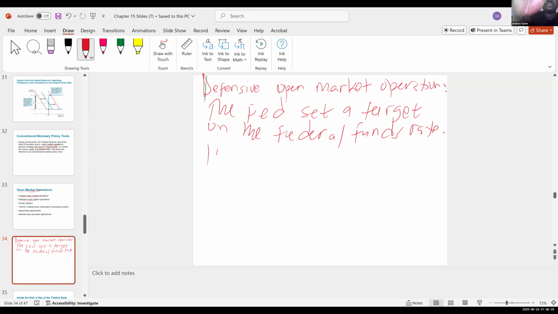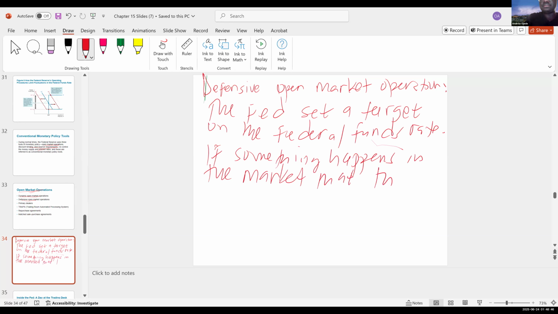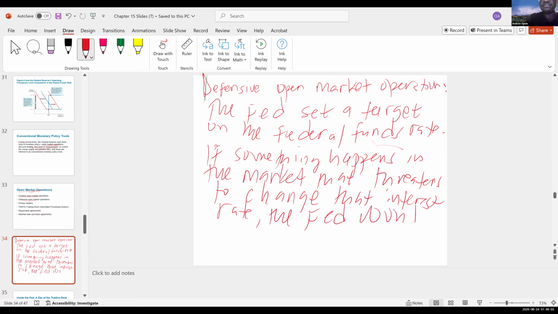So if something happens in the market that threatens to change that interest rate, the Fed would intervene, to keep the interest rate at its target.